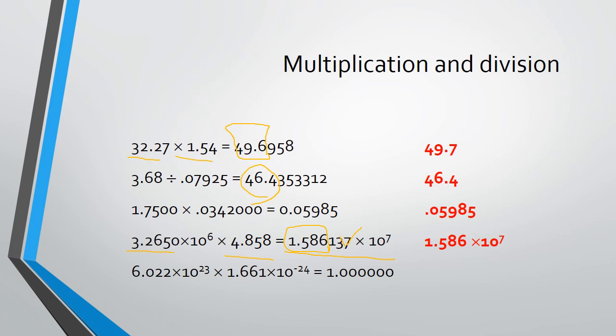Last but not least, here is Avogadro's number. So 6.022 × 10 to the power 23, and the answer is 1. But let's see, 1, 2, 3, 4 significant figures here, 4 significant figures here. So the answer should have 4 significant figures, which is this.